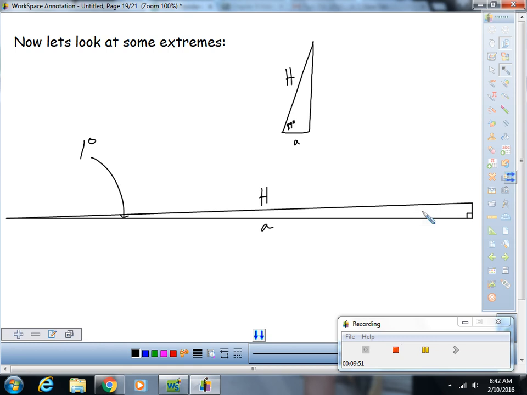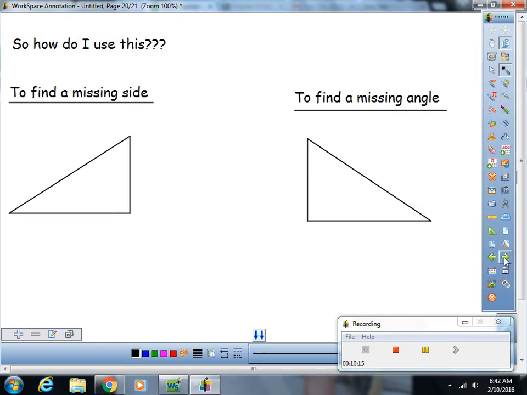Okay? Alright. So how in the world do I use this? Right now, you're going to use these. First of all, in the real world, this is so used. Like, namely, your phone. So have you ever heard of triangulation? Is that the right word? Triangulation is literally using sine, cosine.